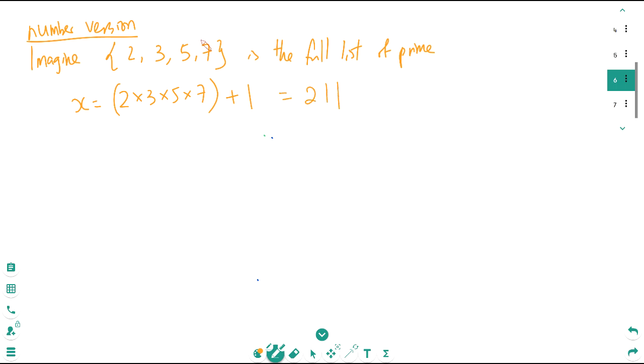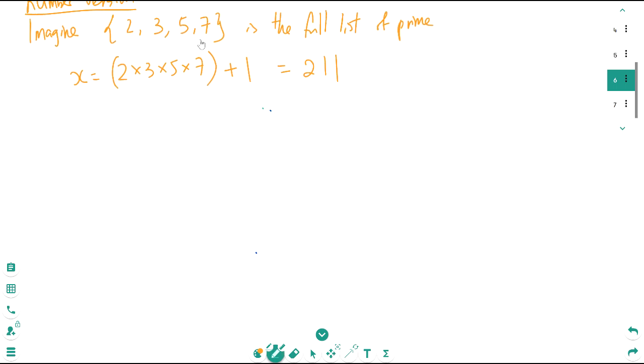Now, what's wrong with this then? The question is, is 211 a prime? Not a crime, a prime. If the answer is yes, then straight away, a slap in my face. This is not a full list of primes because we said 2, 3, 5, 7 are all the primes. So 211 cannot be a prime.